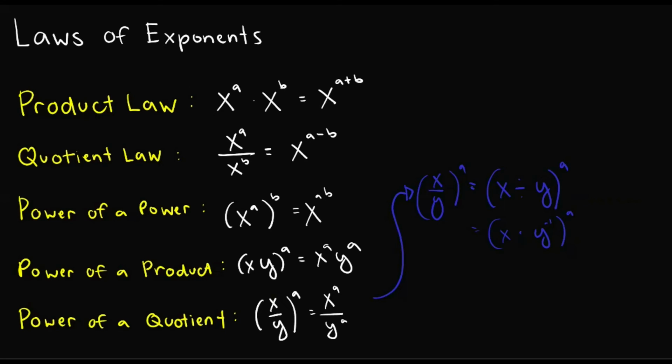So from here, we can apply the power of a product, which is just distributing the power out here: -1 times a, or simply negative a. And then returning y to the denominator would give us x^a over y^a. So that is how we acquired these.